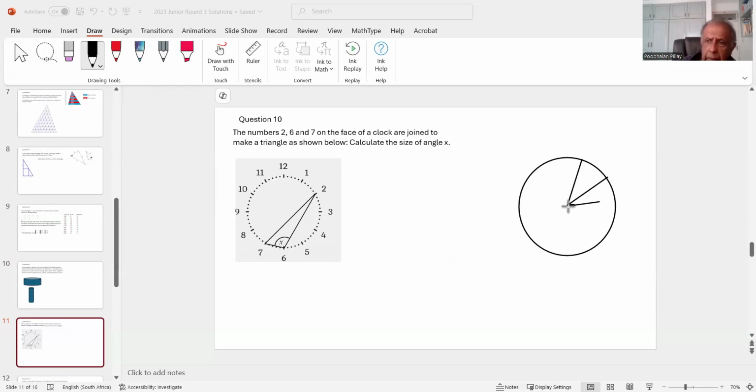All of them are equal because you're joining 2 and 3, 3 and 4, and so on. So 12 of these angles will make 360. If you go right down, you'll have 12 of these pieces make 360. So each one is 30 degrees. Right? So you can calculate the angle made by any of these.